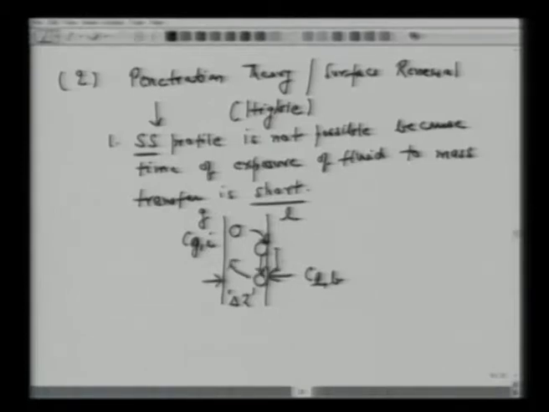So this is the time we are talking about, the contact time, which is very short. And now this time is so short that the concentration profile which develops between CGi and CL does not remain steady or linear, and it changes with time. So these are the main postulates, which could be very realistic.